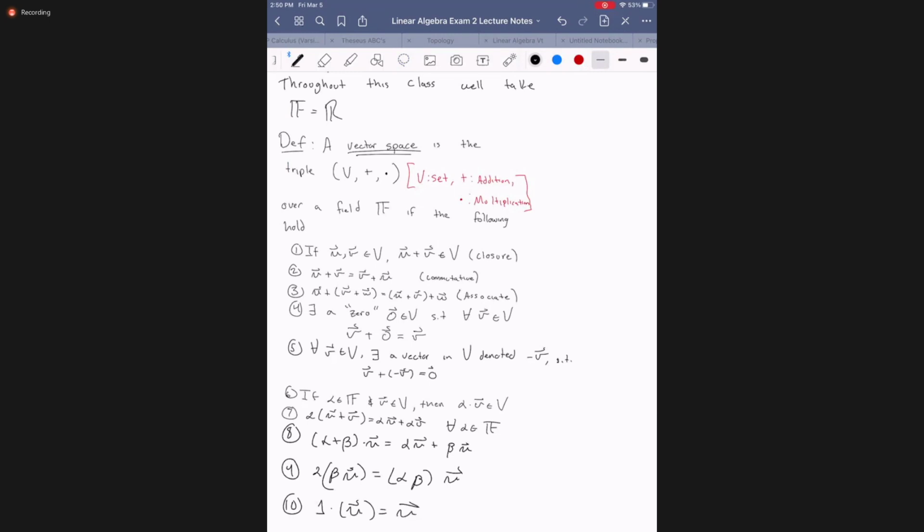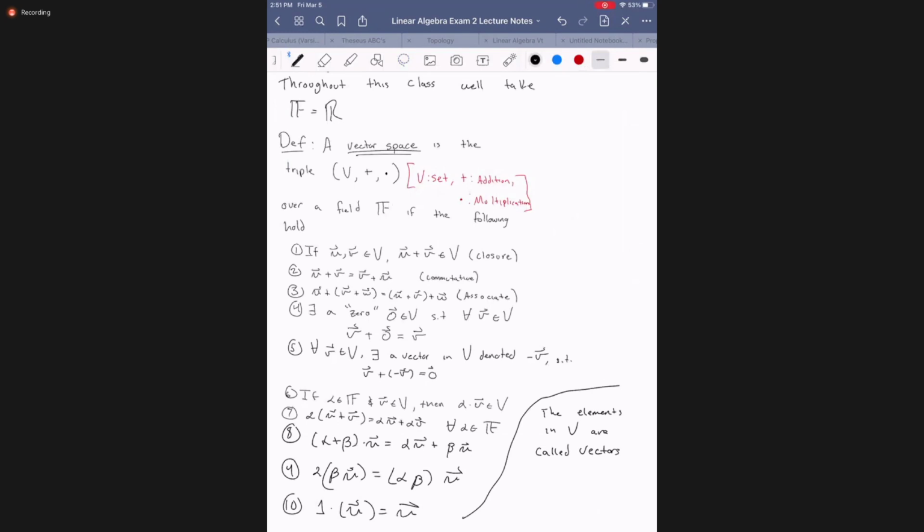Okay, perfect. So we have this, and then the elements in V are called vectors. So this is now what it means to be a vector.